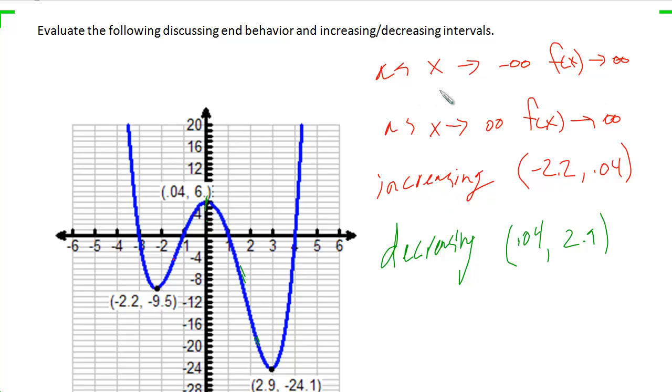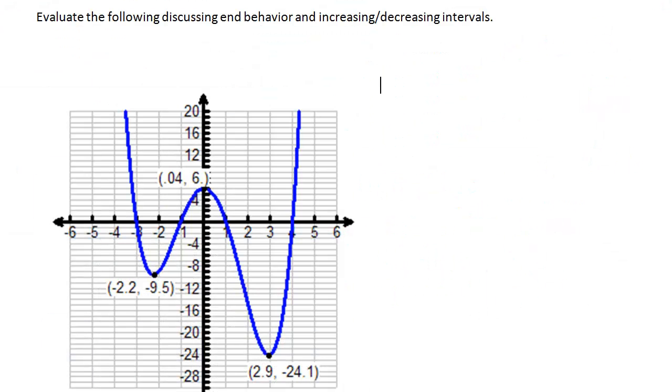So again, as x approaches negative infinity, my function approaches positive infinity. As I continue to move off here, this continues to head upwards. As I approach infinity for x, as I move off to the right, my function's approaching positive infinity. And then I have an increasing interval from here to here, and a decreasing interval from here to here. So that's what I've described.